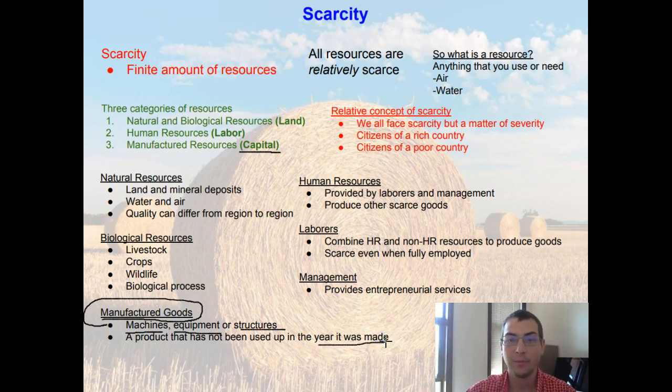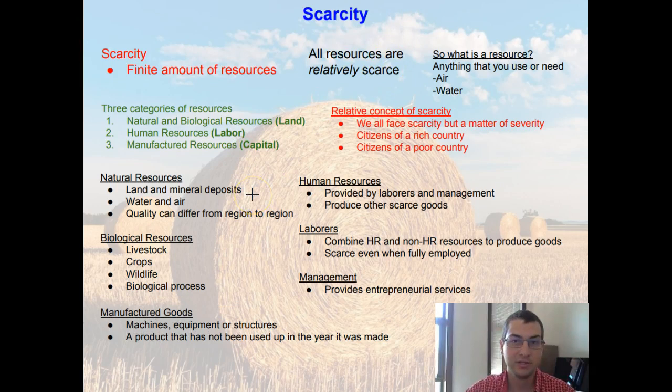Many ranchers will stockpile hay through the winter, and many of them might actually stockpile hay for, say, 2 years in order to ensure that they have enough hay to make it through even a drought year. So that hay that has not been used up in the year it was made is actually classified as a manufactured good, also known as capital.